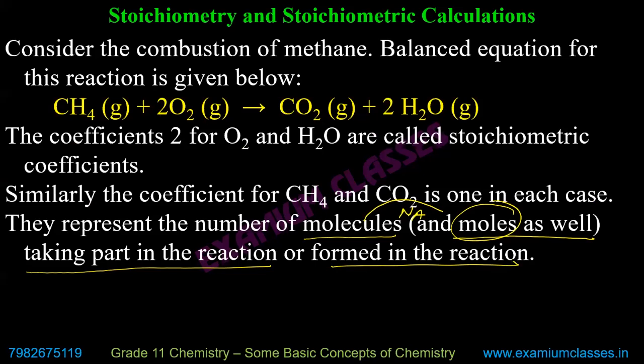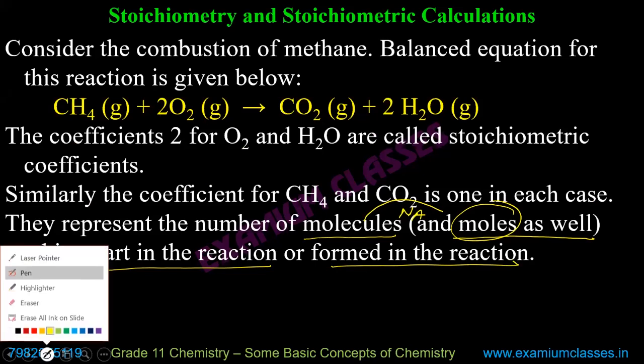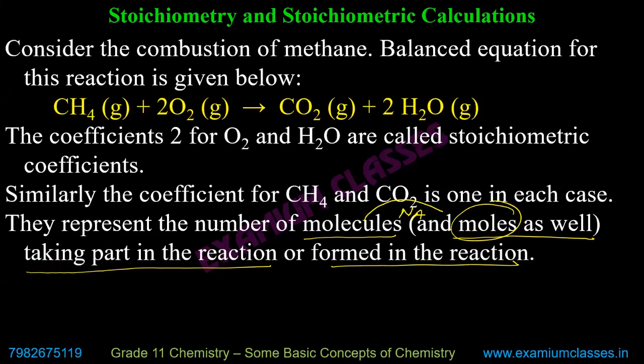Whatever the coefficient is here, it is a hidden 1, it is 2, it is a hidden 1, it is 2. So it says 1, 2, 1, 2 in this particular reaction.